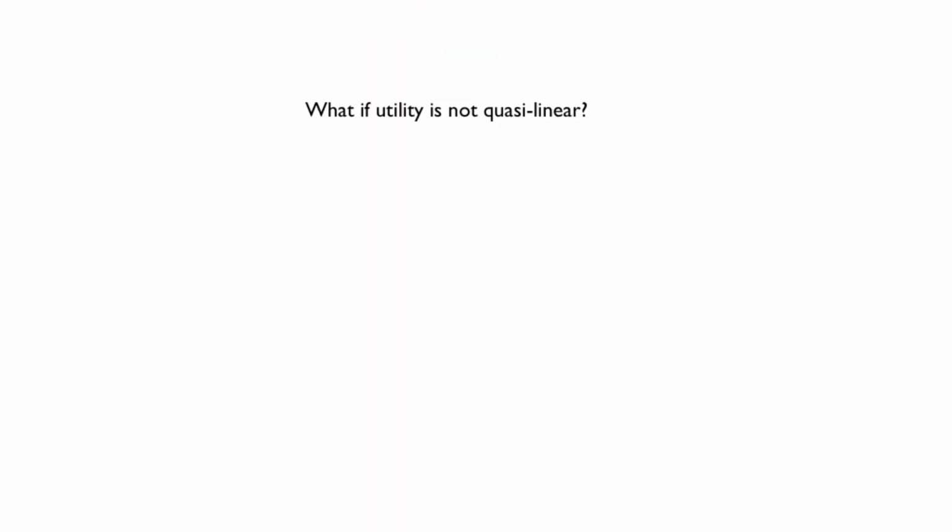Many of you may be wondering what happens if utility is not quasi-linear. Since, after all, if you look carefully through the details of the previous derivation, we are really using the assumption of quasi-linearity to back out the utility function from the observed demand behavior. So let me make two comments about this.